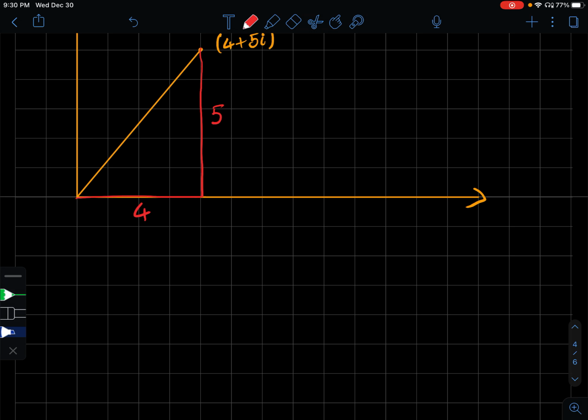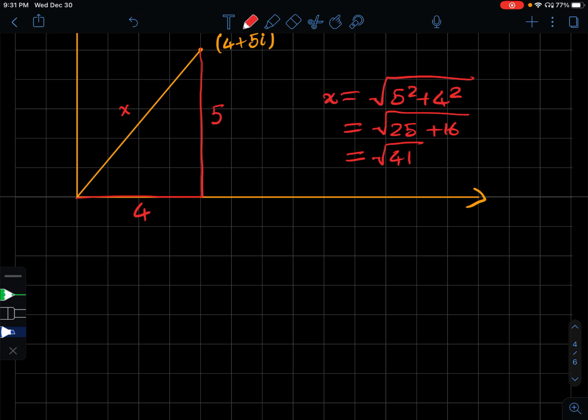If this side is x, then x is equal to the square root of 4 squared plus 5 squared, which is 16 plus 25, which is 41. x is the square root of 41.